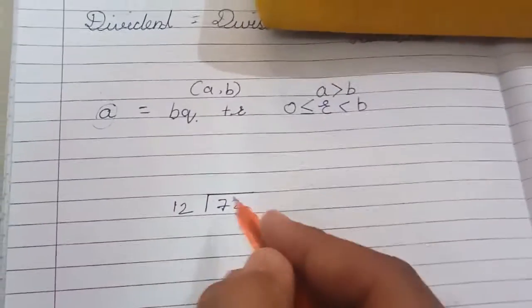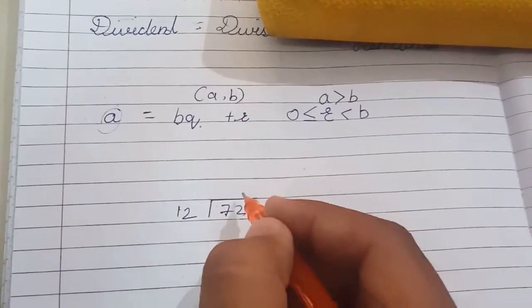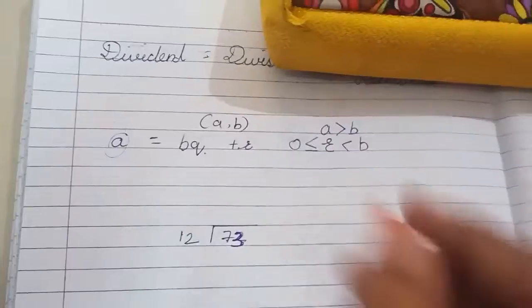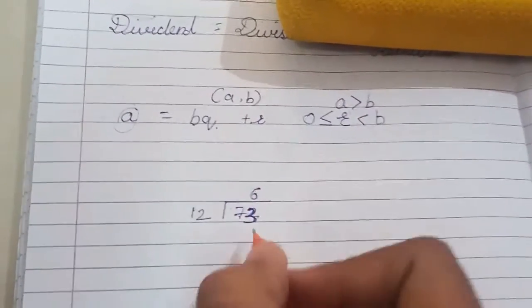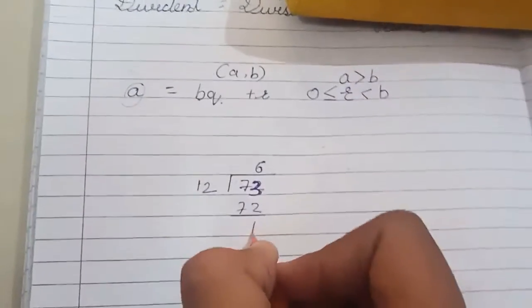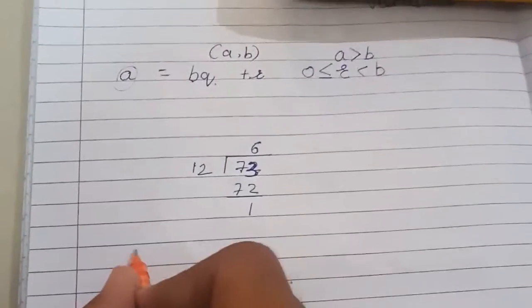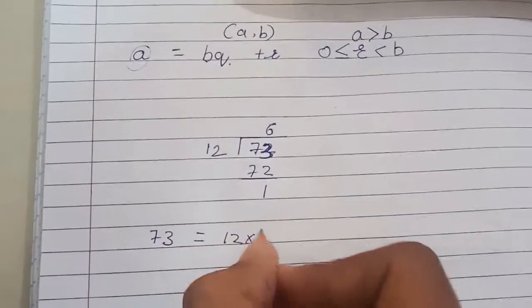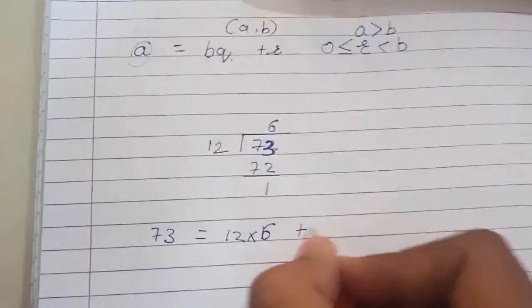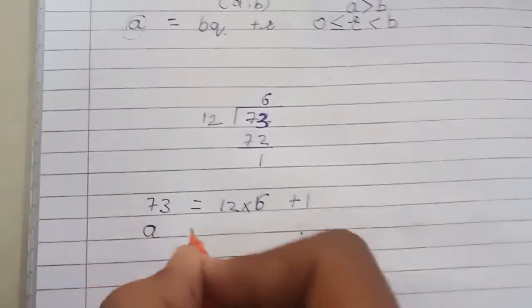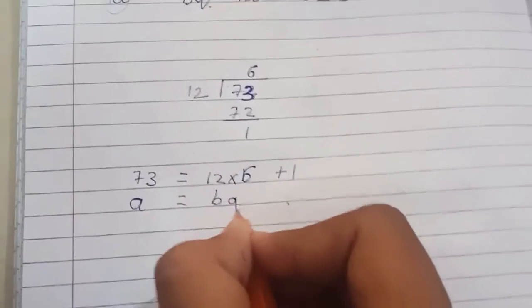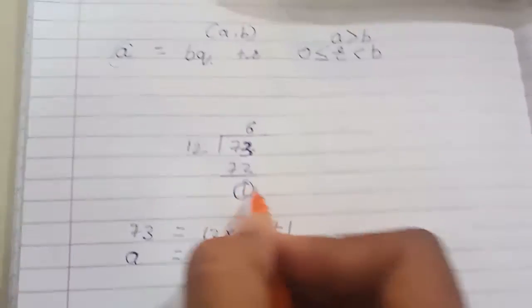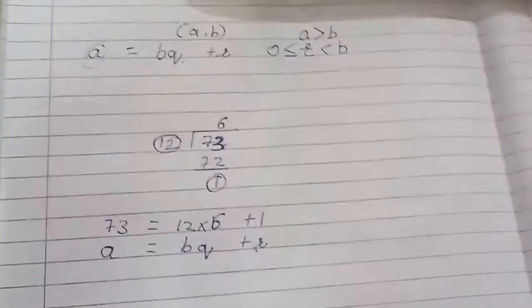Now let's take it as 73. Here 12 into 6 is 72. So 73 can be expressed as 12 into 6 plus 1. So here it is a = bq + r, and notice one thing, r is less than b.